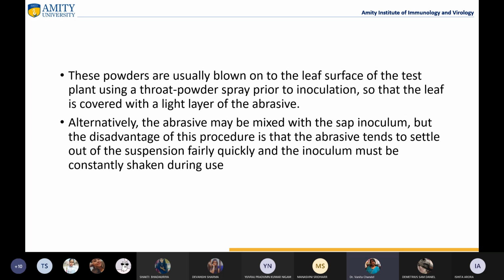Then when we inoculate the sap with the finger or cotton gauze, abrasion will be produced on the leaf surface. Alternatively, the abrasive can be mixed with the sap inoculum also, and then we can inoculate the plant.